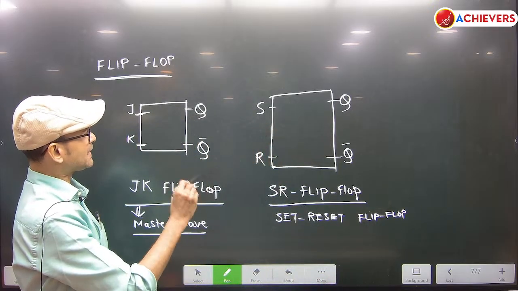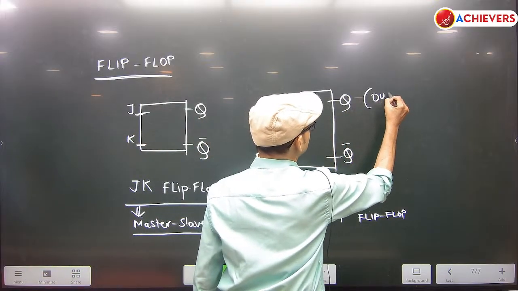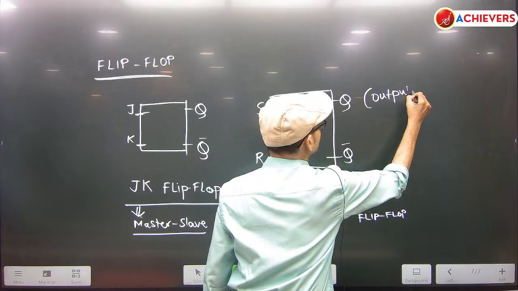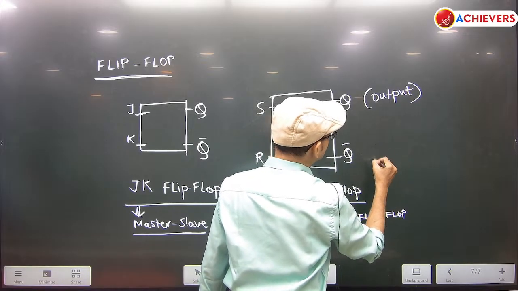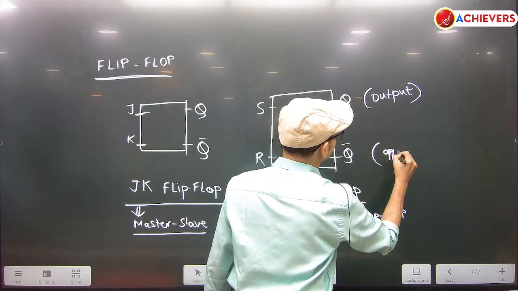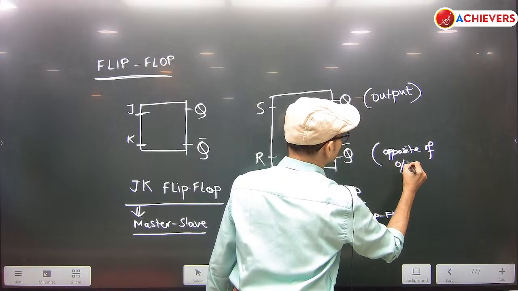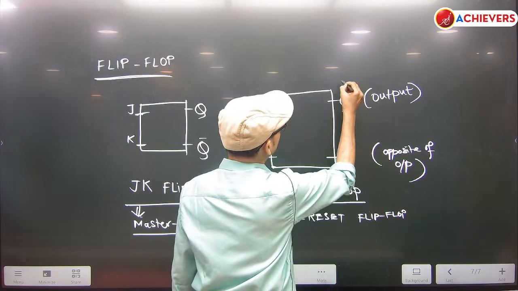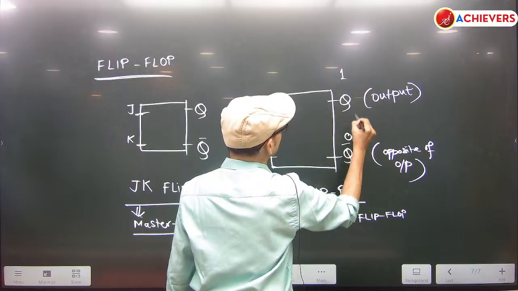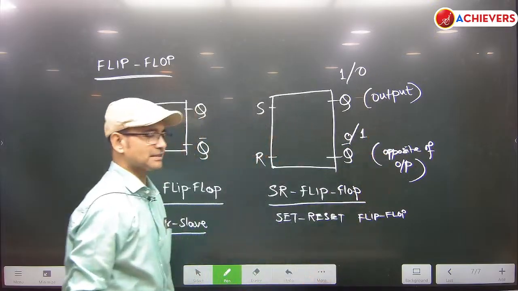Set-reset, as in Q is the output and Q bar is the opposite of the output. So if it is 1, this will be 0. If it is 0, this will be 1, like this.